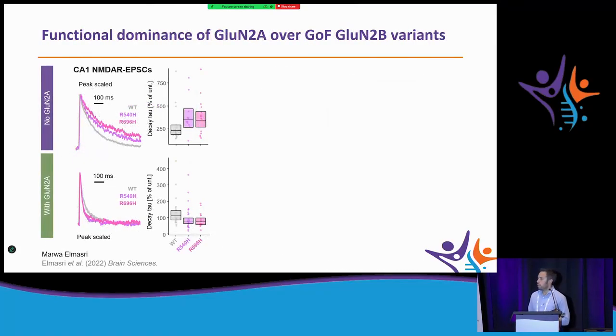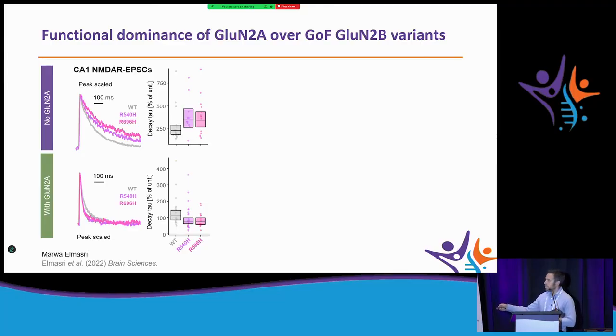Some work that my previous PhD student, Marwa Al-Masri, did was to knock out both GLUN2A and 2B, and then express different GLUN2B variants. Here she's got wild type GLUN2B expressed in the double knockout background, or R540H or R696H.